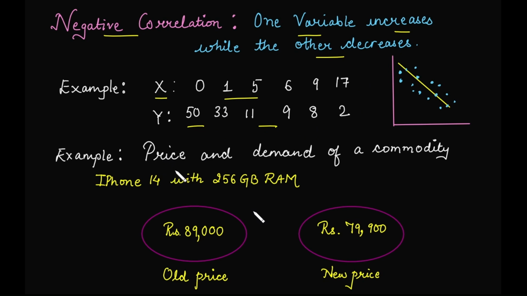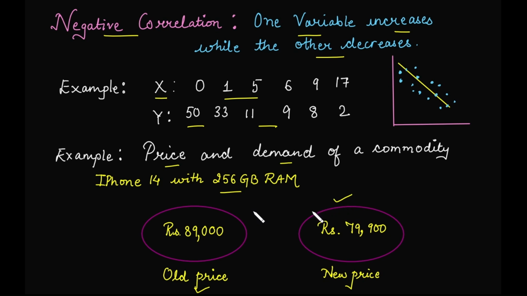Additionally, consider the correlation between price and the demand for a product. If the price of an item decreases, then the demand for that product will increase. For example, when Apple launched the iPhone 14 with 256 GB, the initial price was around rupees 89,000, but the current price for this phone is rupees 79,900.